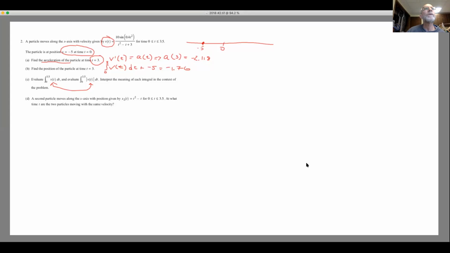So when I write this, I'm going to say the integral from 0 to 3.5 of v of t dt equals 2.844 is the particle's displacement.